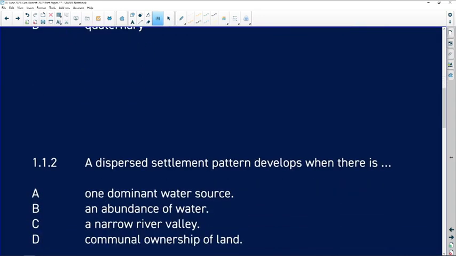When we look at question 1.1.2, a dispersed settlement pattern develops when there is. Okay, now we can distinguish between two patterns in rural settlements: dispersed settlements as well as nucleated settlements. Dispersed is when the people live very far from one another. Nucleated when they're all clustered together. Okay.